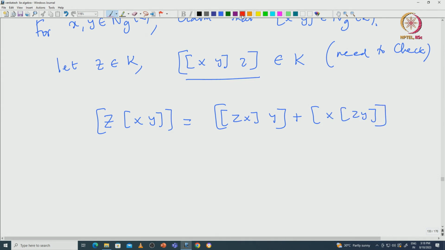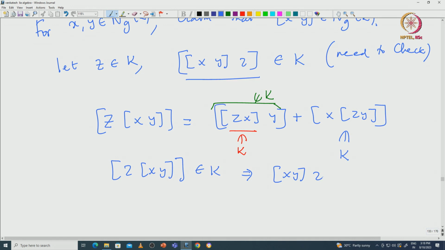Now note that this x is coming from N_G of K. So, that means this [z, x] is an element of K. Now this y is coming from N_G of K, so the entire bracket [[z, x], y] is again an element of K. Similarly, you can see that the other term is also an element of K. That implies [z, [x, y]] is an element of K, and that would imply that [[x, y], z] is an element of K because of skew symmetry.